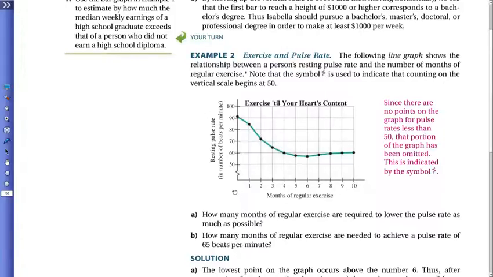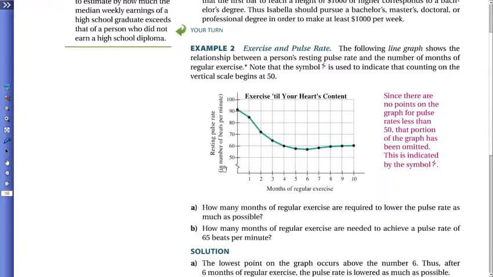So what information can I get out of this? Here I have the explanation of the vertical scale. Here is resting pulse rate, which is the number of beats per minute. So I started out here, it looks like around 90, maybe 91 or 92 at resting rate.